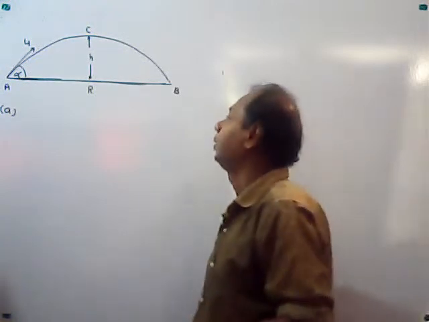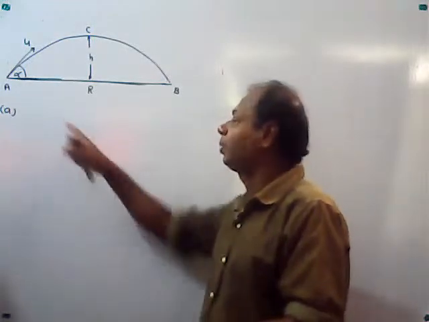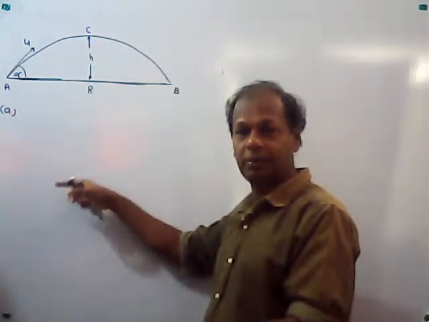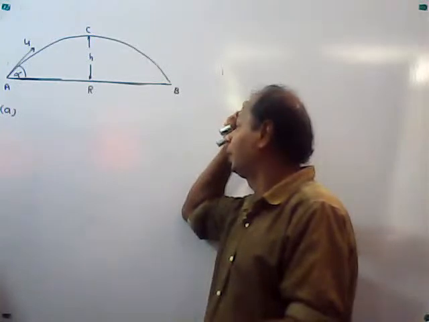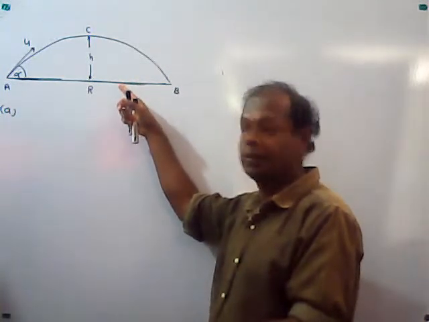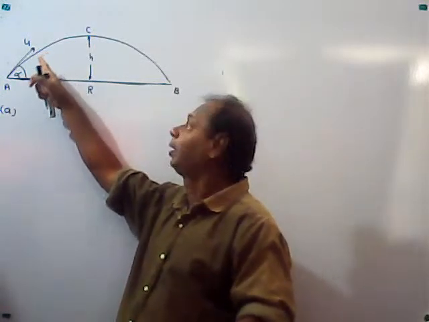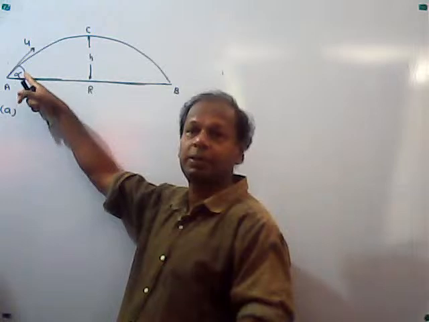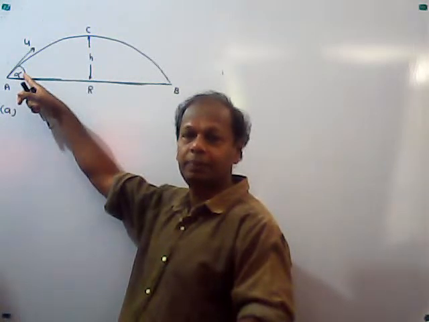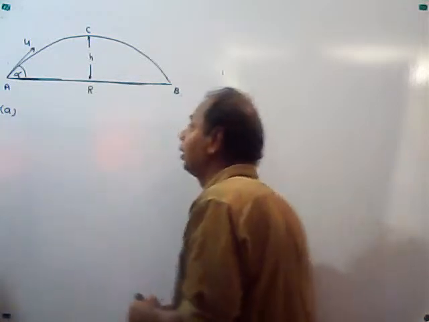Anyway, the question has many parts. First part A, under A there are several parts as I remember. First, to find the maximum height. You are given a particle projected at speed u at some inclination alpha with the horizontal.